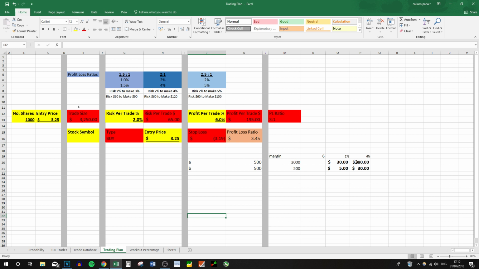Now, this is where it's interesting. This is where I stress the less risky approach to trading. For person B to get a $30 gain, person B is going to need a 6% gain. So in a sense it's 6 times riskier, but it's also 6 times less risky, because you're using the margin and you aren't having to wait for the stock to go up 6 times higher.